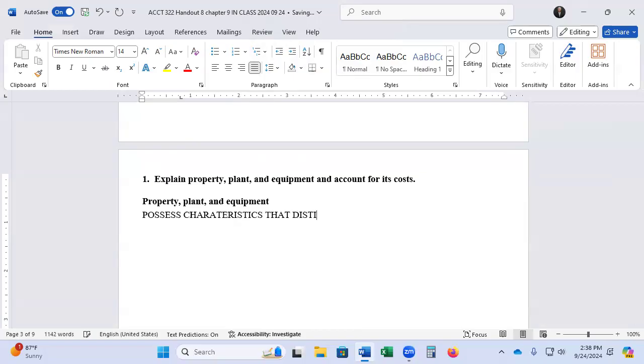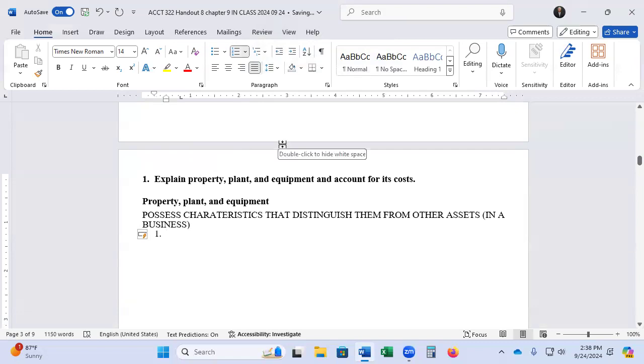Assets that distinguish from other assets in a business. Where I put that bar, it's always in the way.